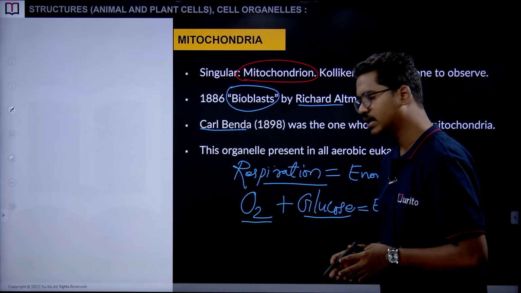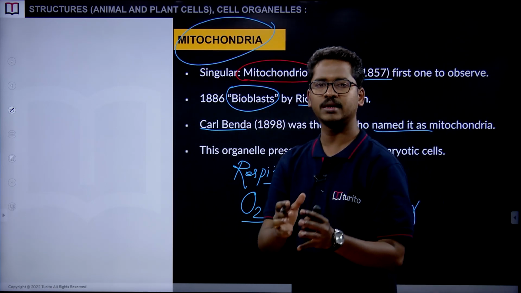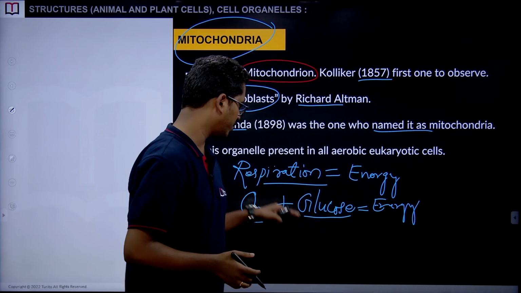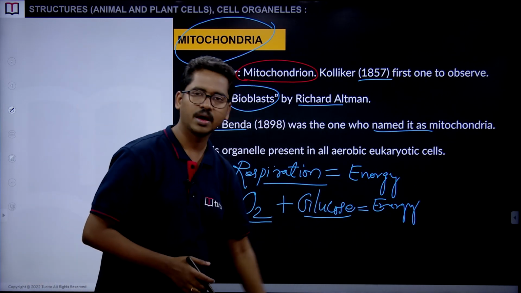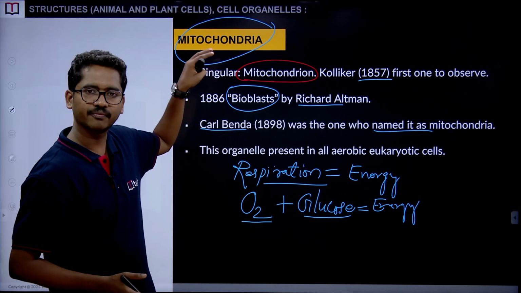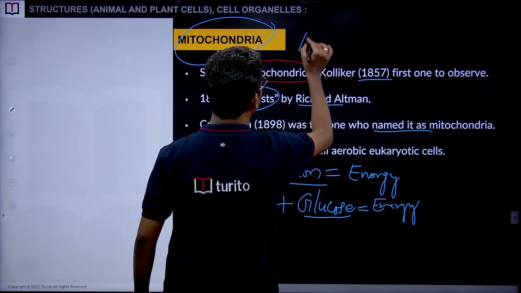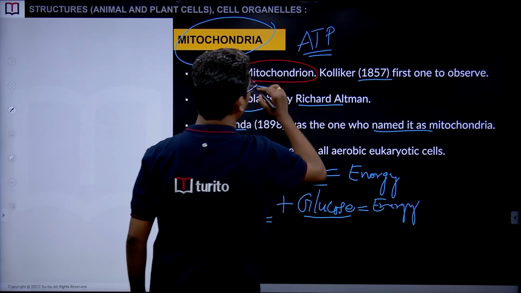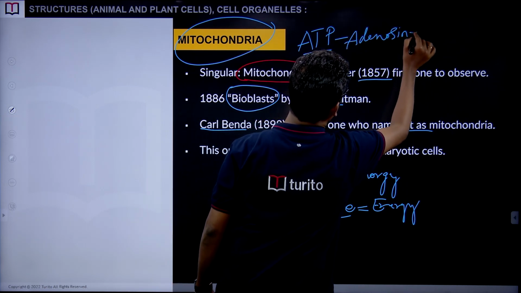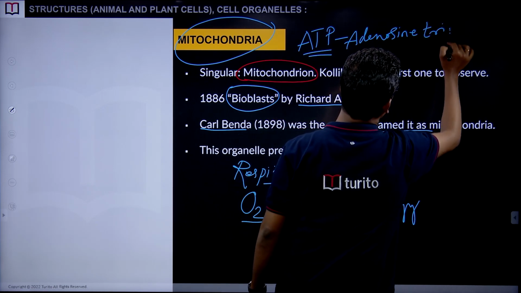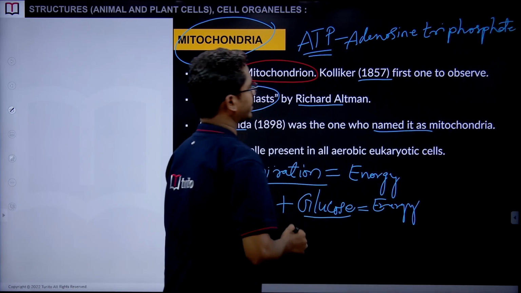Now, this ultimately happens in this particular organelle of the cell. When this process occurs in this organelle, it generates energy, and the form in which it generates energy is actually ATP, which stands for adenosine triphosphate.